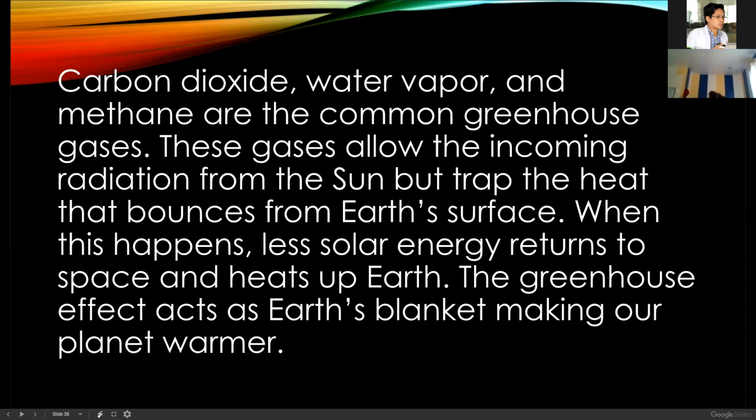The greenhouse effect acts as the Earth's blanket, making our planet warmer because the heat is supposed to be reflected back to space, but because of these greenhouse gases, it cannot return to space. So it is trapped in the Earth's atmosphere.